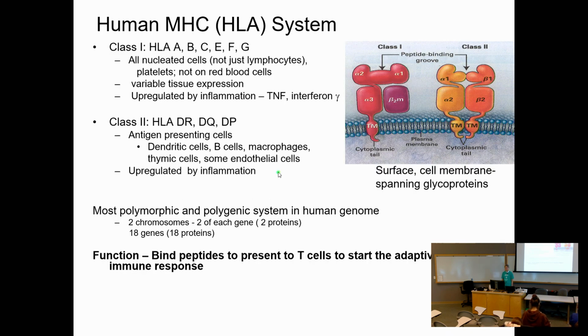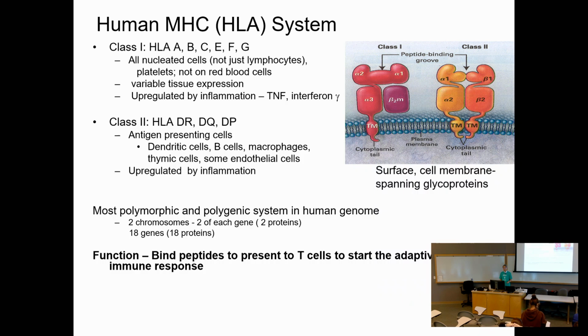Then I showed this slide the last time, just to remind you that the MHC system in humans, the HLA system, consists of class 1 and class 2. The main ones for class 1 are A, B, and C, and the non-classical HLA class 1s are E, F, and G. I think there might even be a couple more.